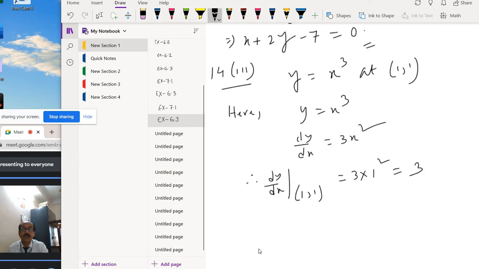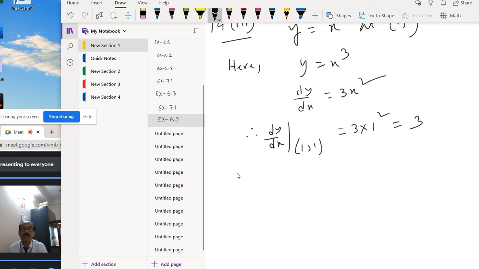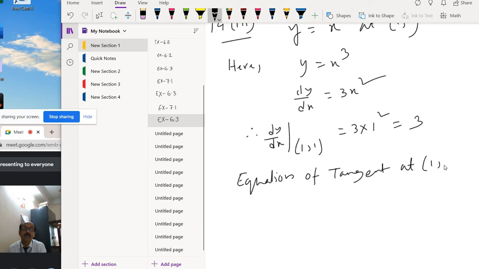Now the equation of tangent: y minus 1 is equal to 3 into x minus 1, at (1, 1). So y minus 1 equal to, dy by dx is 3, the slope, into x minus 1.